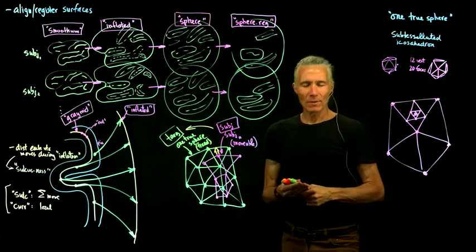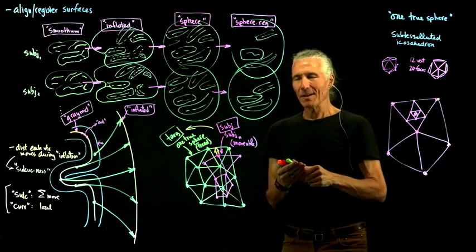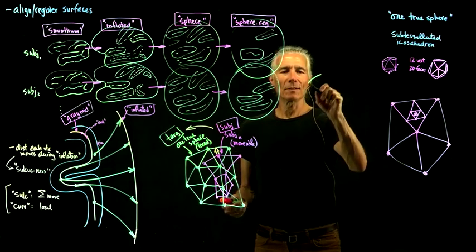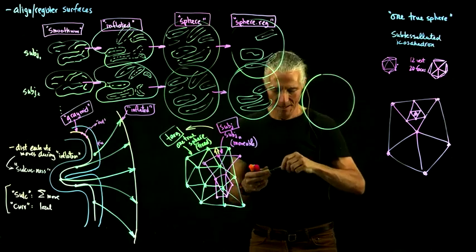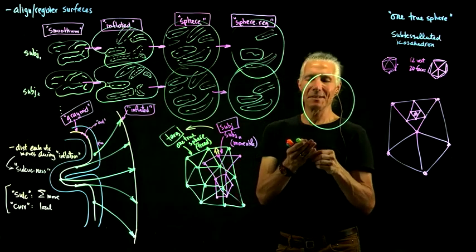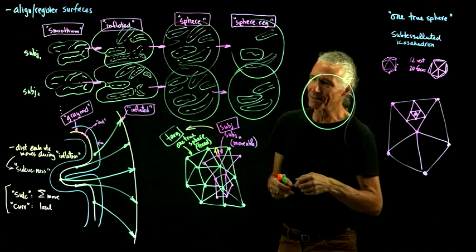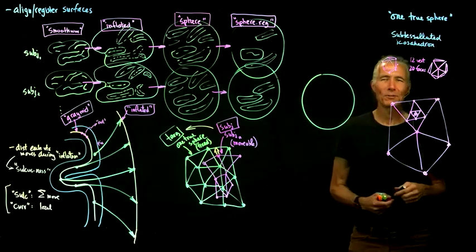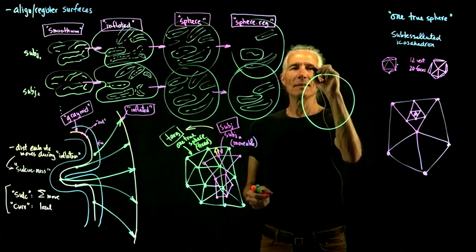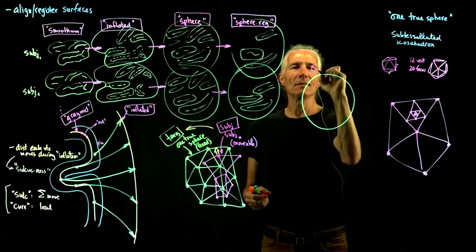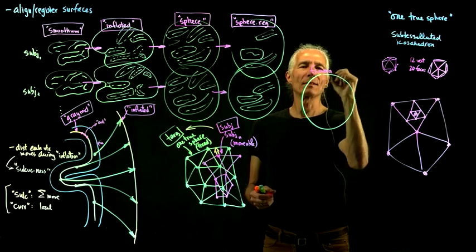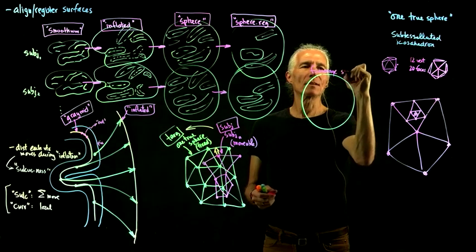And so once we've done that, then we can finally map everybody onto the one true sphere. So here's the one true sphere. I'm just sort of joking about the one true sphere. There's multiple spheres, but one of the surfaces is called FS average, the FreeSurfer average sphere.